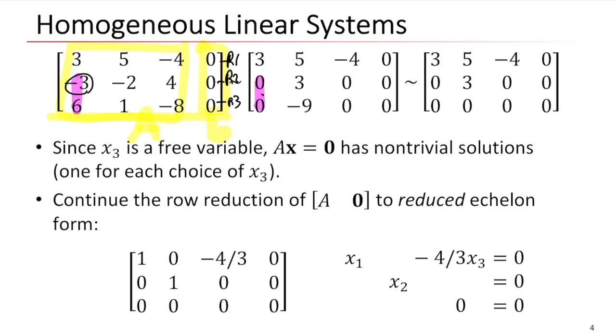To make this part 0, we can just add row 1 and row 2, right? So it makes a new row 2 like this. And how can we do the next one? We can replace our original R3 with R3 minus 2 times R1.